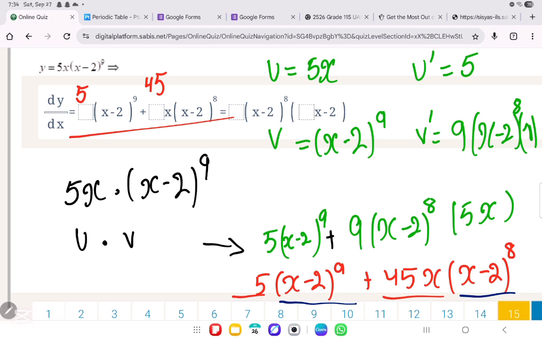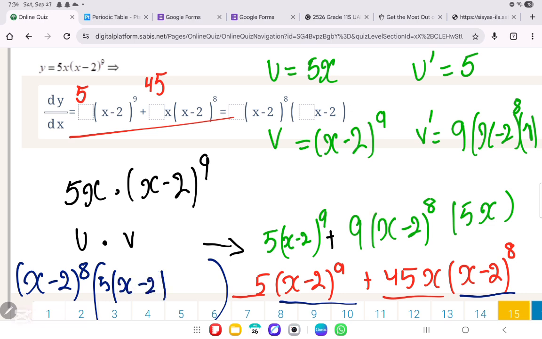The least common factor is (x minus 2) to the power of 8. So we're going to be taking it out. It's going to be (x minus 2) to the power of 8 multiplied by, this will become 5 times (x minus 2) to the power of 9 divided by (x minus 2) to the power of 8, which will be x minus 2. So 5 times (x minus 2) plus 45x.